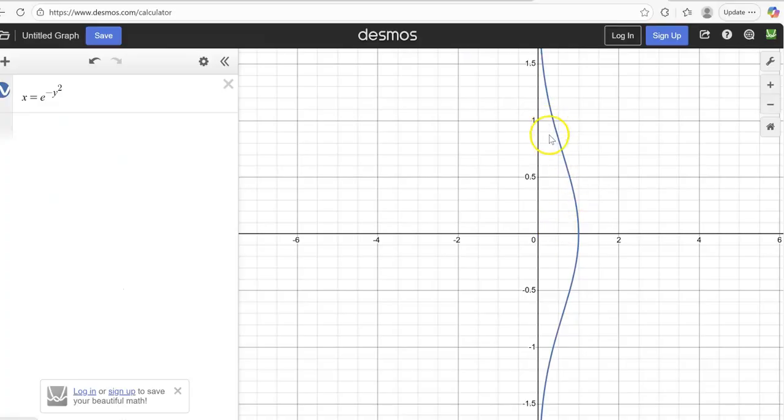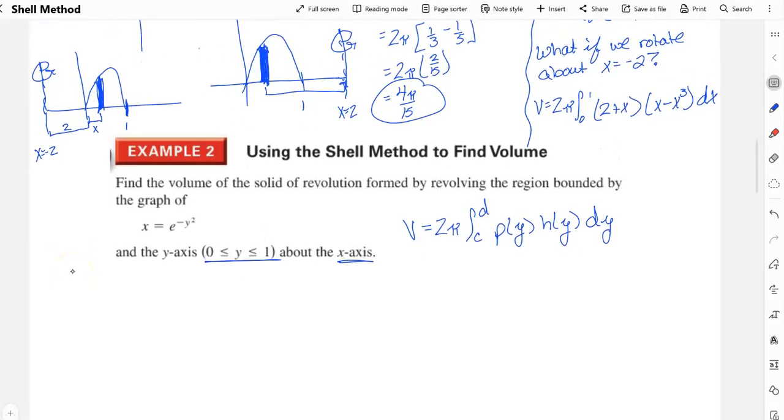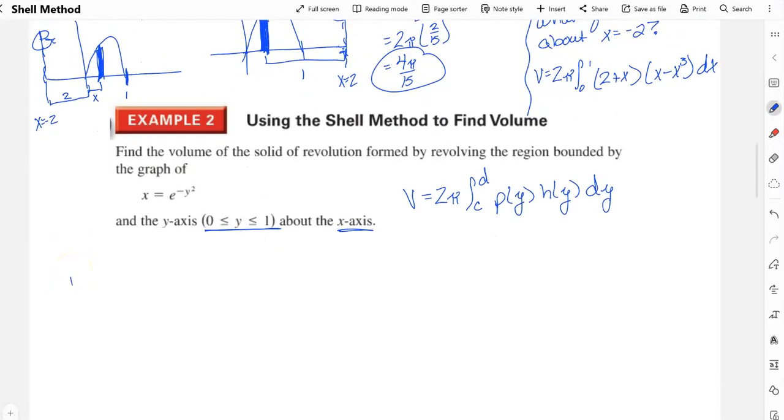So you can see my figure here. And I'm going to recreate this in a rough drawing. I want to revolve this about the x-axis. So here's my rough picture of that. Looks something like this. I'm revolving about that x-axis there.